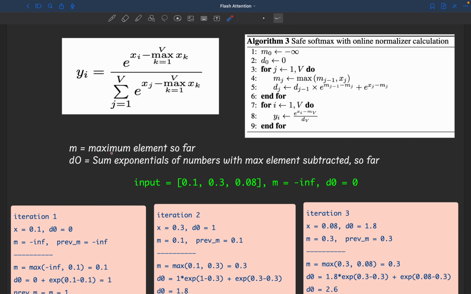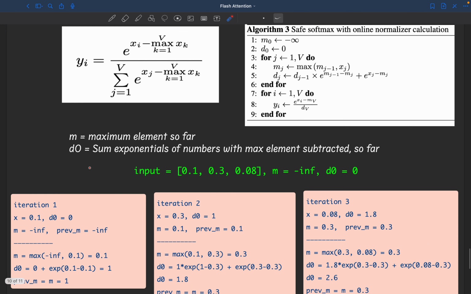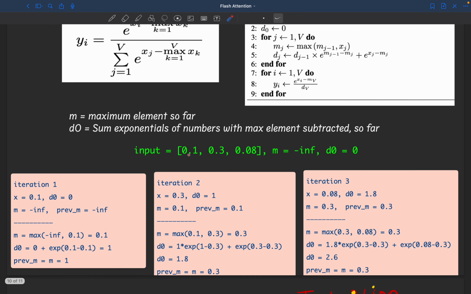So far, what is the maximum value? D also denotes the same: what is the sum of the denominator calculated so far? Let's say this is the input we are having, 0.1, 0.3, 0.8, and these are the default or initial variables. In iteration 1, of course, x is equal to 0.1, that is the first element we are considering here. What is the denominator sum?